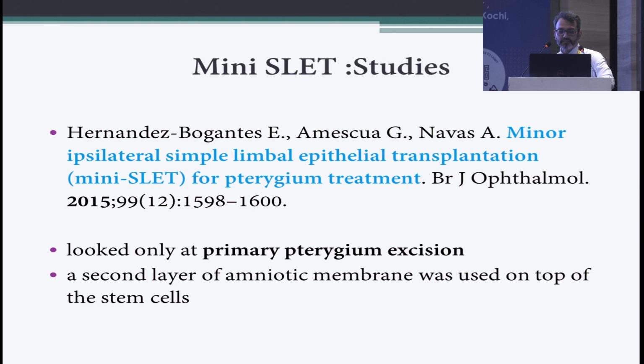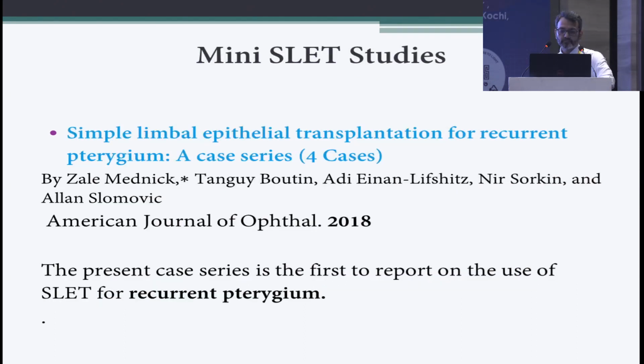A minor ipsilateral simple limbal epithelial transplantation for pterygium treatment was published in 2015. But it looked only at primary pterygium excision, and a second layer of amniotic membrane was used on top of the stem cells. Then a series of 4 cases of recurrent pterygia was reported in 2018.